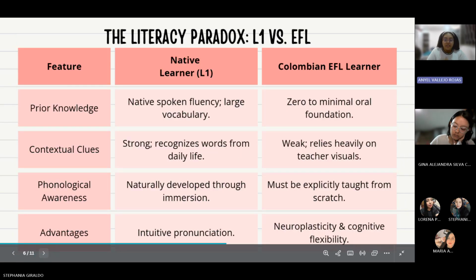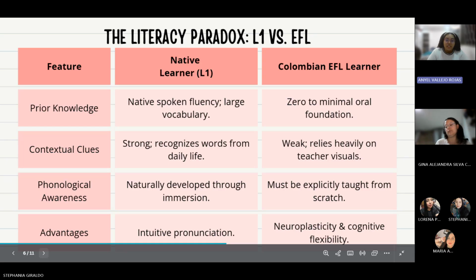Okay, the literacy part. However, there is an important difference between native learners and EFL learners. There's a lot of difference. The children already speak English before learning to read it, while Colombian children are usually learning to read and speak English at the same time as they do in Spanish.